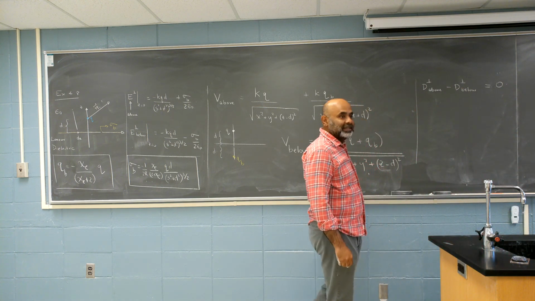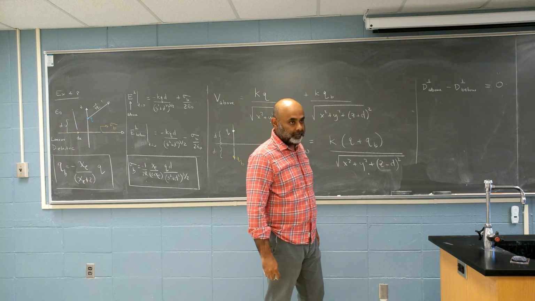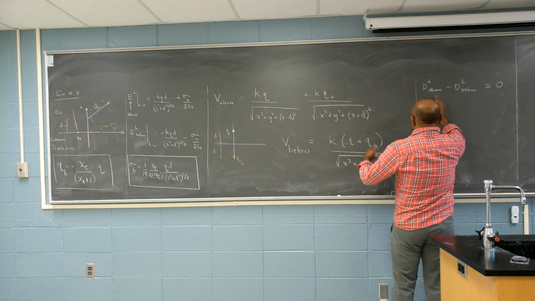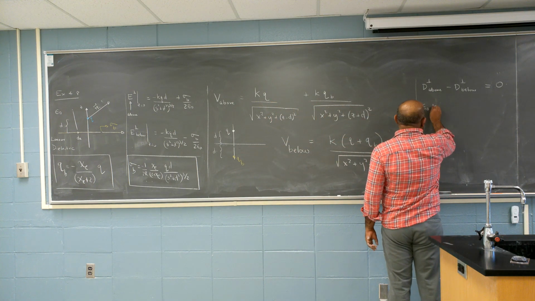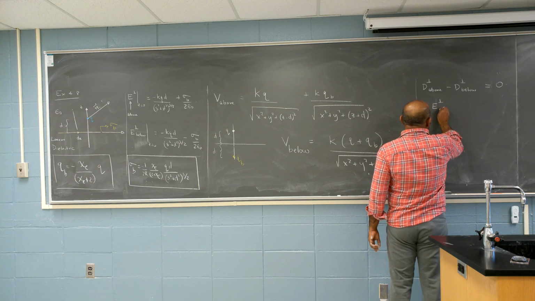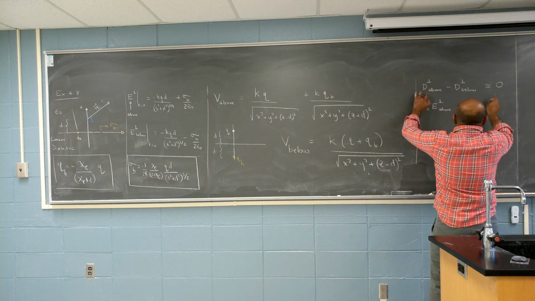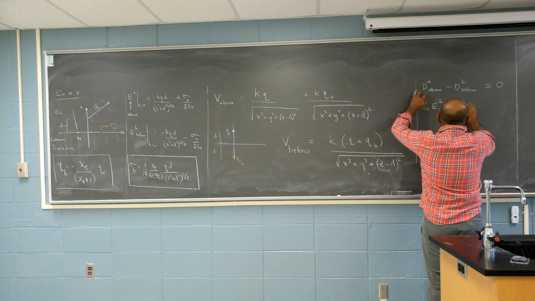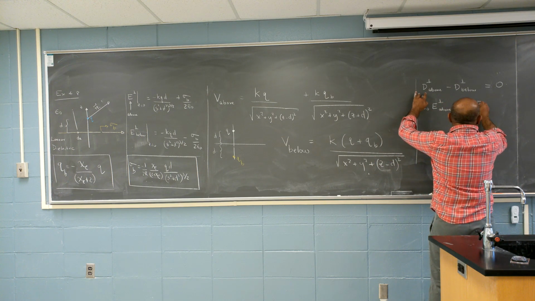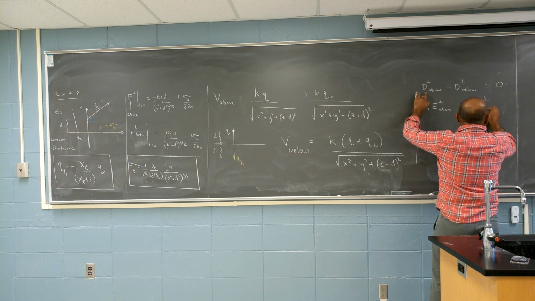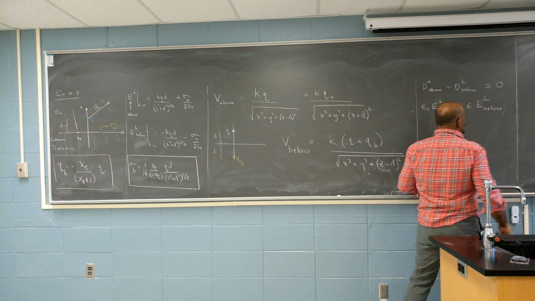But D is epsilon times E. So above, I have epsilon naught E perp above, and that's equal to below, so equal to epsilon E perp. Correct?